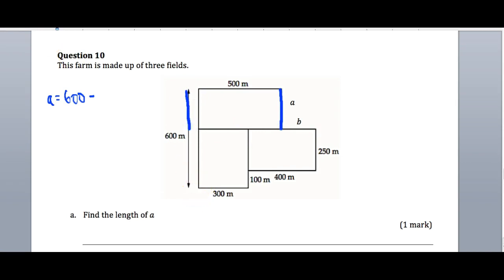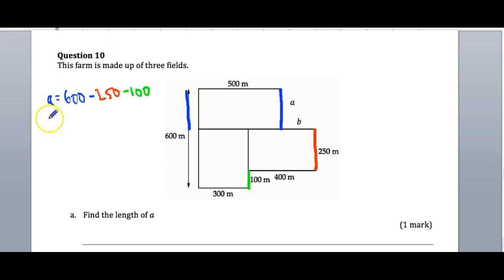Now I'm going to change colours here just so you can see where the others come from. So we've got 250 here, so we're going to take away that. And let's do green. And then we've got 100 here. Okay, so we only want that blue part.